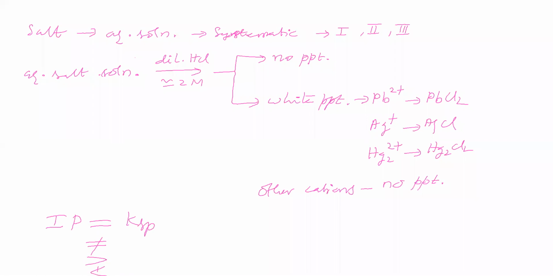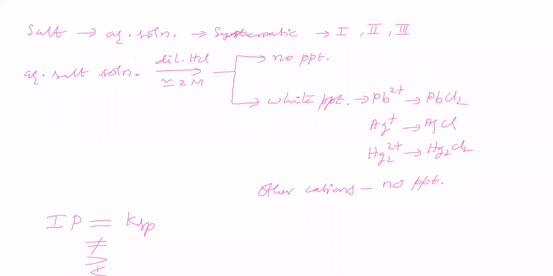How should the ionic product and solubility product be for precipitation?